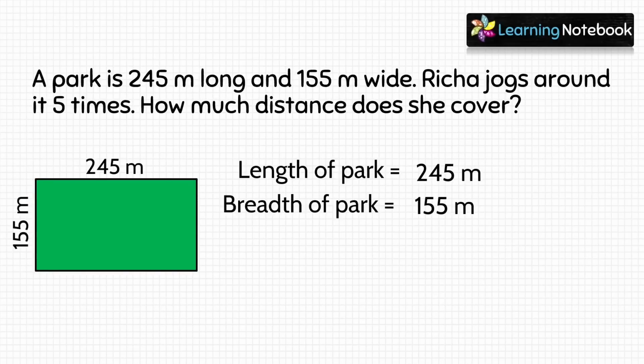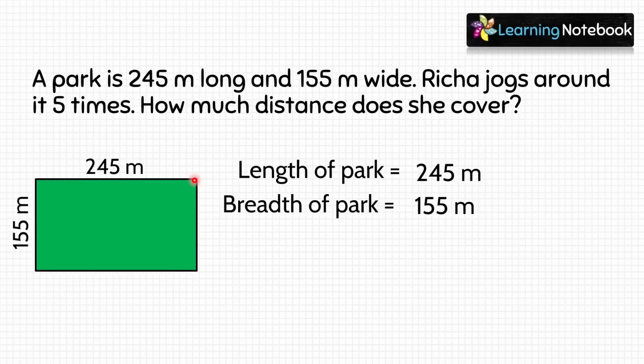Now we are given that Richa jogs around the park 5 times. So what does it mean? It means Richa is jogging around the boundary of the park. So we have to calculate the perimeter of this park.